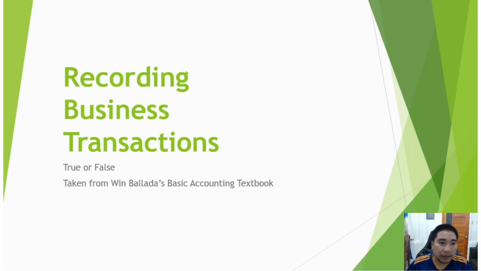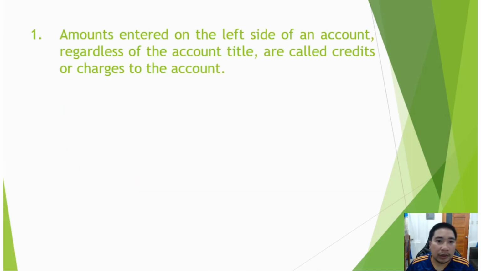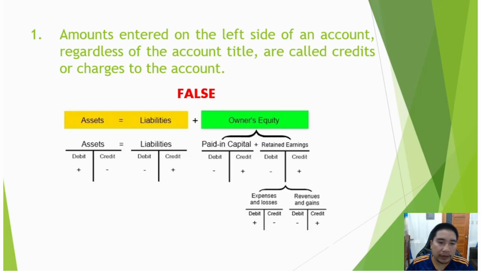So let's begin. Number one, amounts entered on the left side of an account, regardless of the account title, are called credits or charges to the account. This statement is false. And the reason why this is false, because we have established that in our accounting equation, the left side of that accounting equation is actually the debit side, while the right side is the credit side.